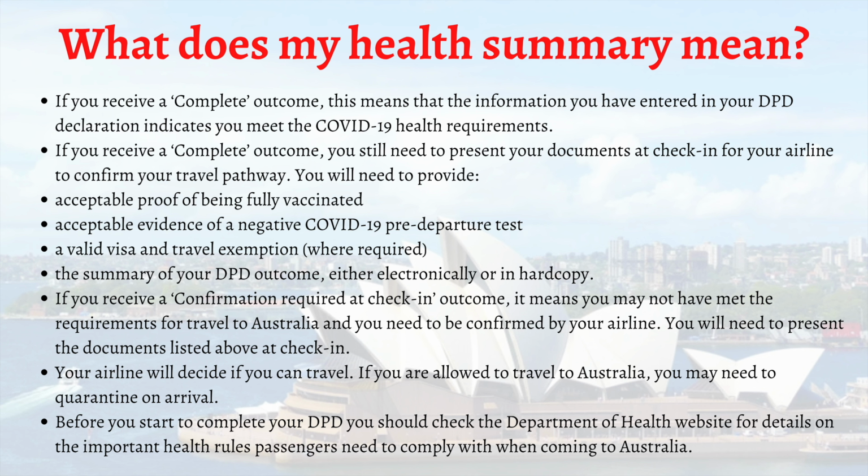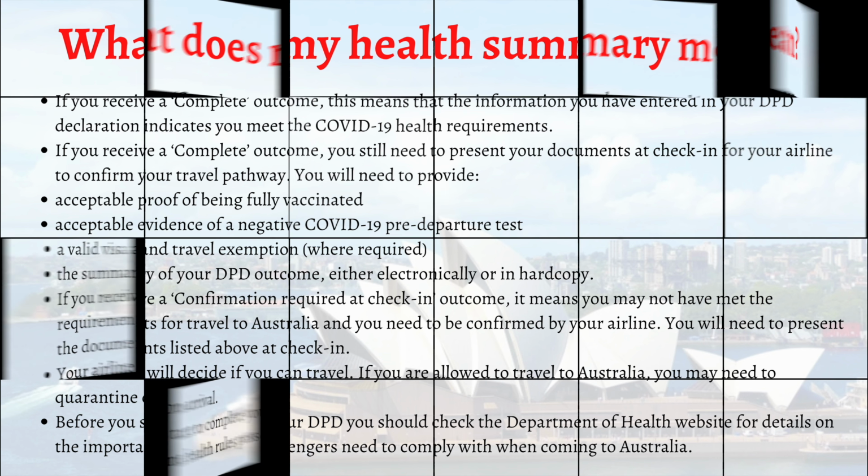So that means you will need to present the documents listed above at check-in and your airline will decide if you can travel. Now, if you are allowed to travel to Australia, you may need to quarantine on arrival. And before you start to complete your DPD, you should check the Department of Health website for details on the important health rules passengers need to comply with when coming to Australia.